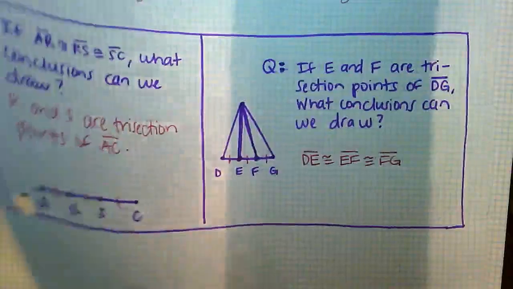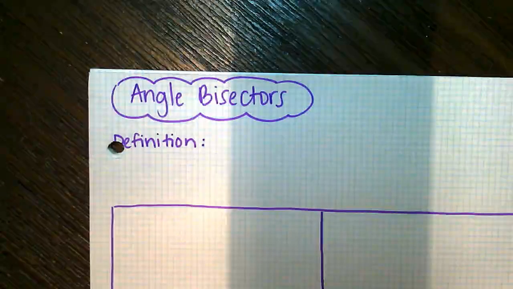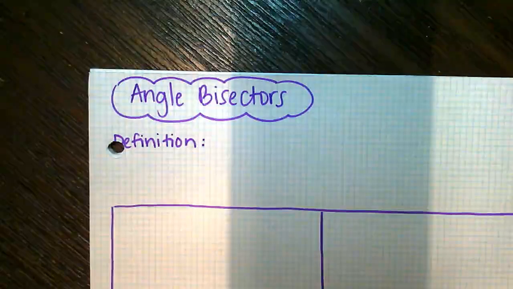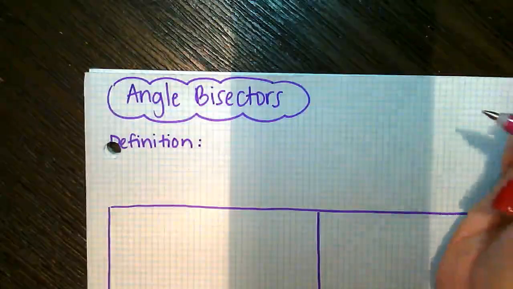All right, and let's go to the next set of vocab words, the last set of vocab words for the day. So we've been talking about bisecting segments and trisecting segments, and now we're going to talk about bisecting angles and trisecting angles. So let's get down the definition of an angle bisector.